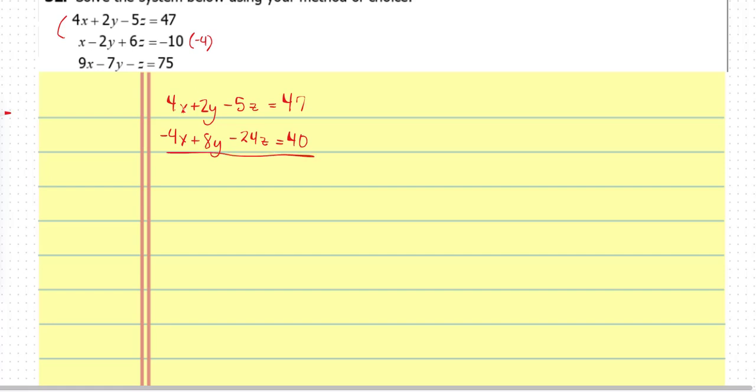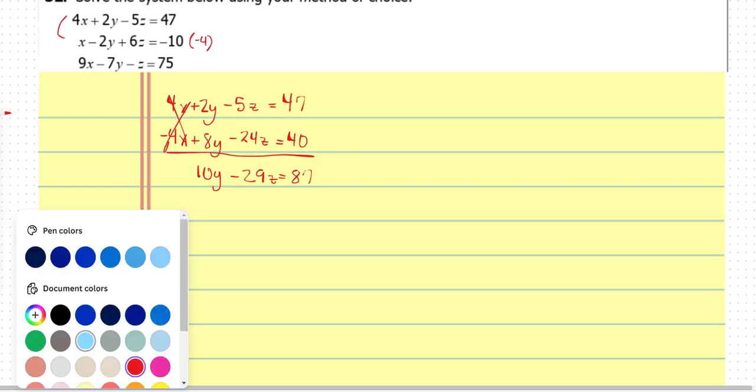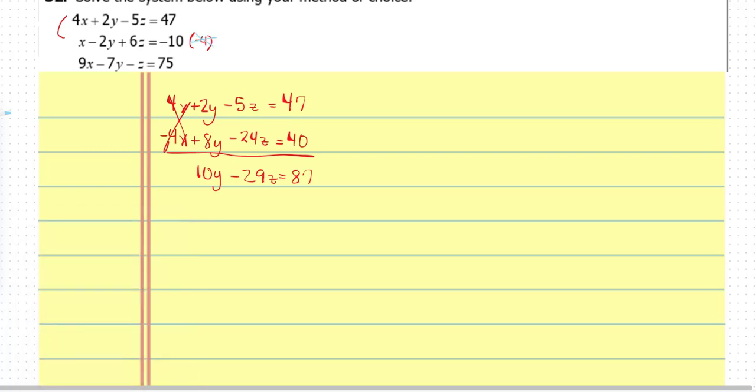So I'm going to combine those. That's going to cancel out my x's. Gives me 10y minus 29z is equal to 87. So that gives me my next equation. Now I'm done with that. I want to use this third equation, 9x minus 7y minus z is equal to 75.